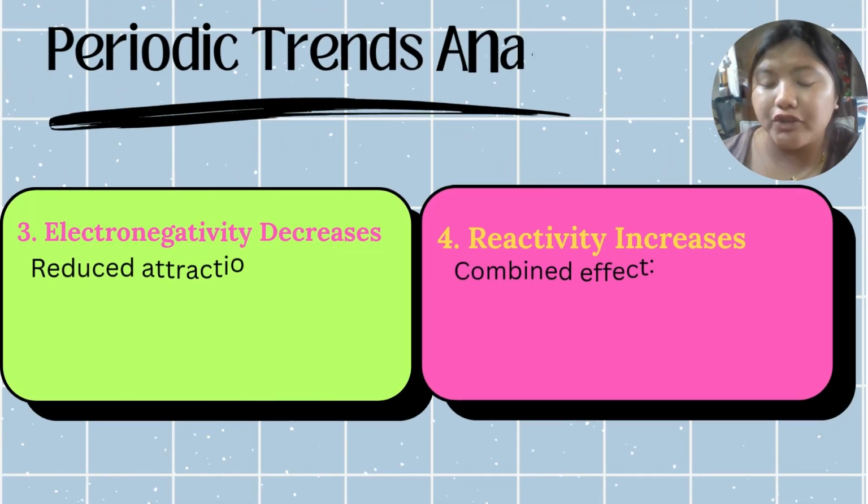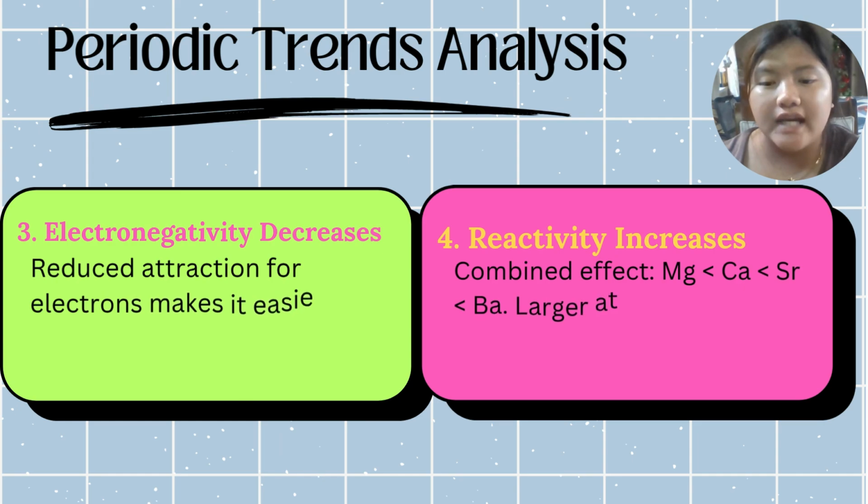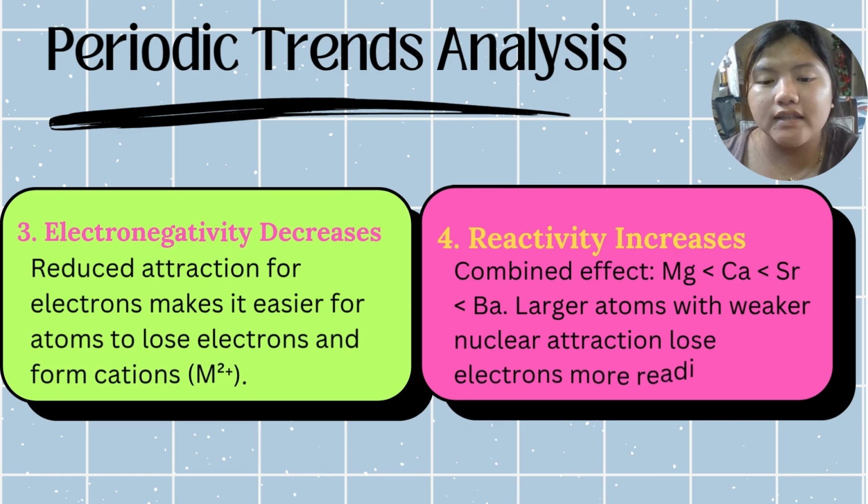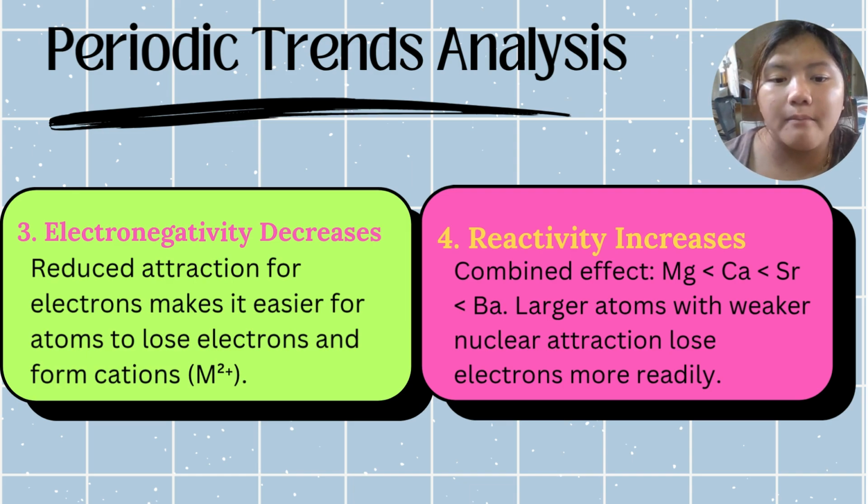And when the electronegativity decreases, it reduces attraction for electrons, making it easier for the atoms to lose electrons and form cations. And when the reactivity increases, the combined effect on magnesium, calcium, strontium, and barium is that larger atoms with a weaker nuclear attraction lose electrons more readily.